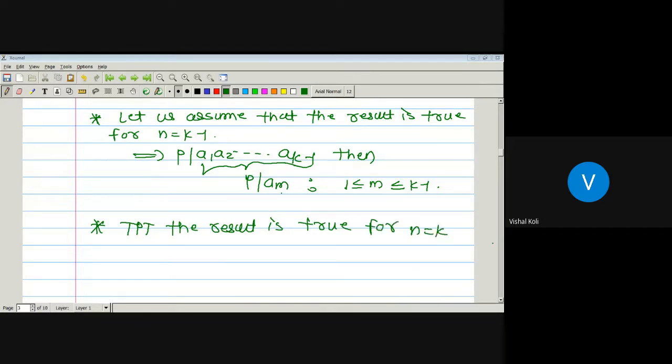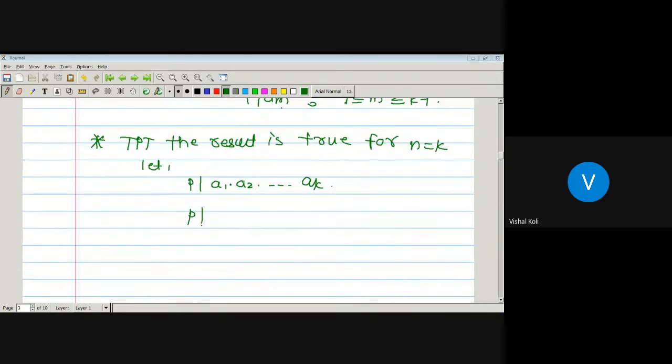Now let p divide a1 into a2 into up to so on ak. It can be written as p divides a1 into a2 into up to so on ak minus 1 into ak.